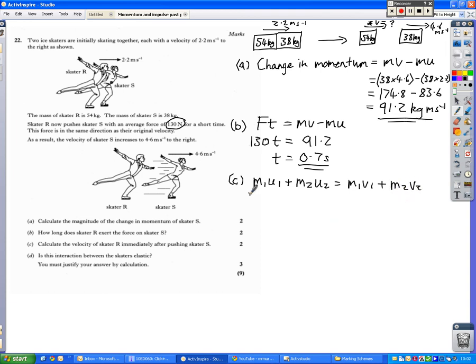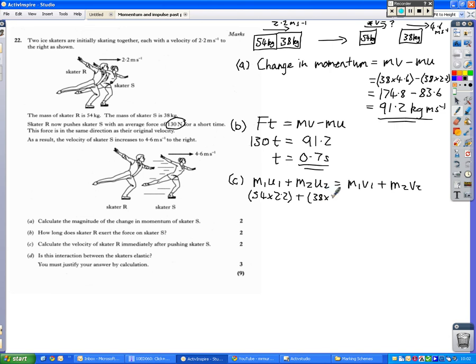So that will give you 54 times 2.2. I've done these separately here, but you could just add your masses together and multiply them by a common velocity. The end result would be the same.